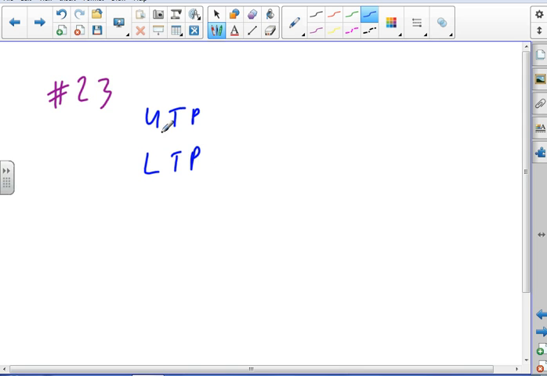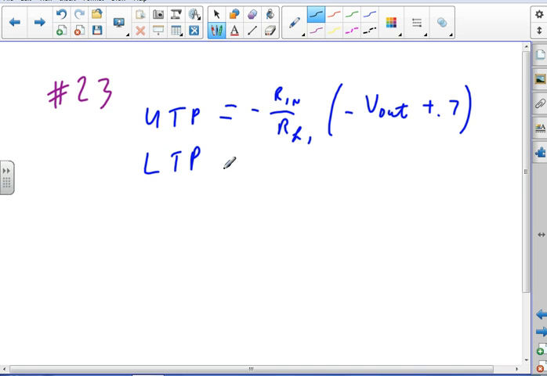Okay, so the upper trip point on page 861, equation 24.7, is minus Rn over Rf1 times V out plus 0.7. And the lower trip point is minus Rn divided by Rf2 times V out minus 0.7.